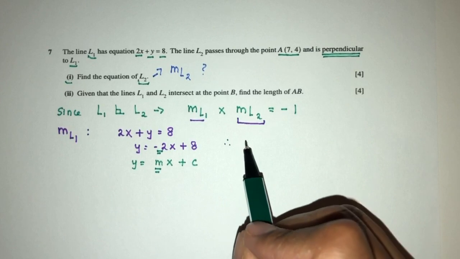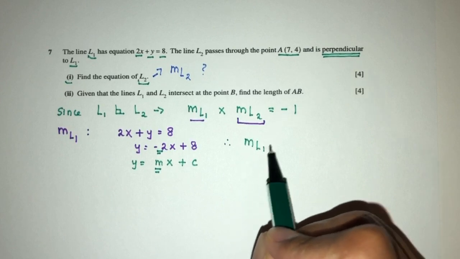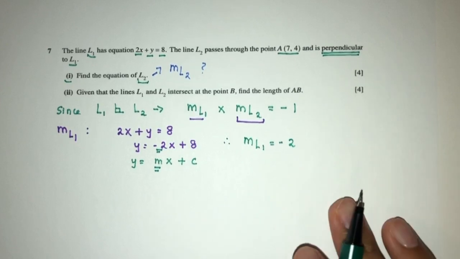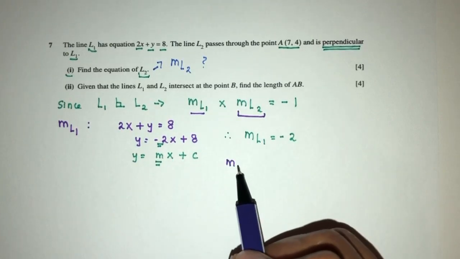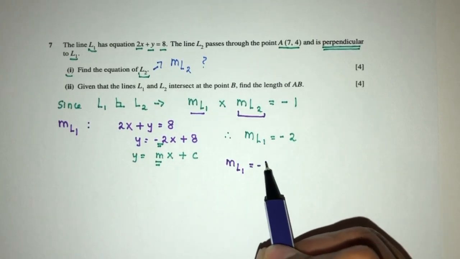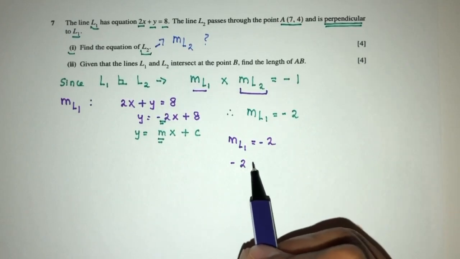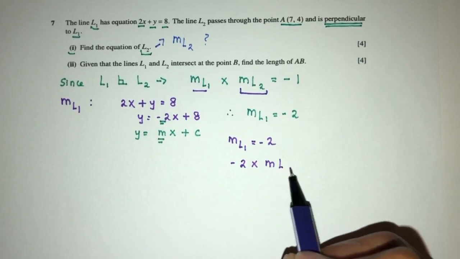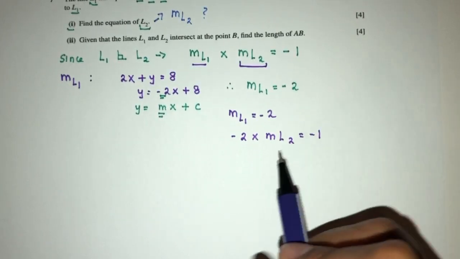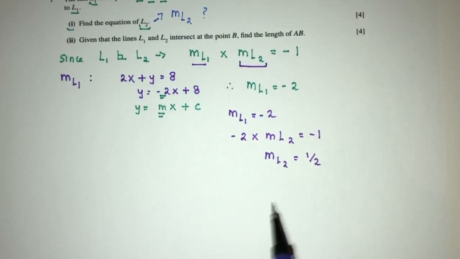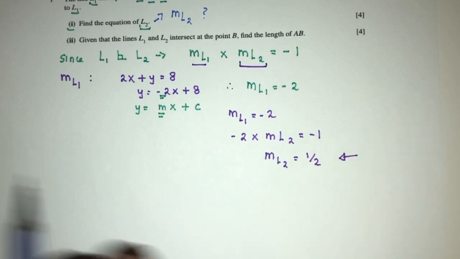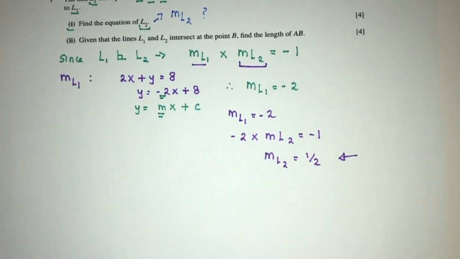So conclusion is the gradient of L1 have to be -2. Now replace back in the main equation. So m of L1 is -2. So we know that -2 times gradient of L2 have to give you -1. So the gradient of L2 have to be the value of half. So here we have the gradient of the line L2.